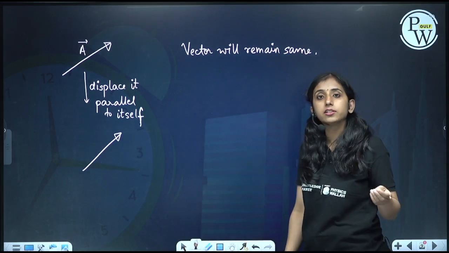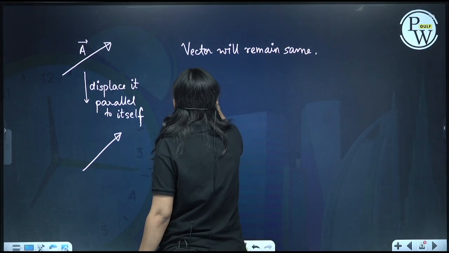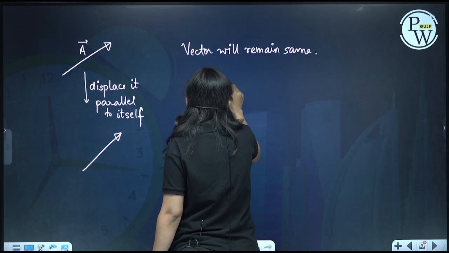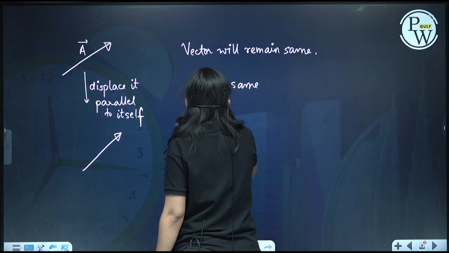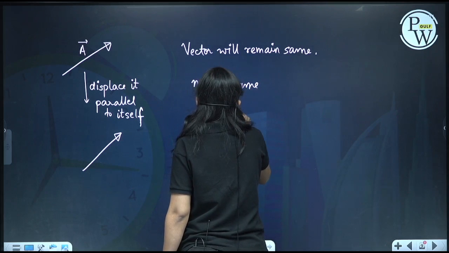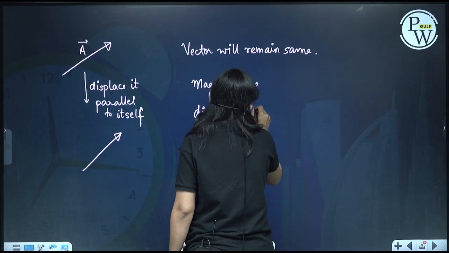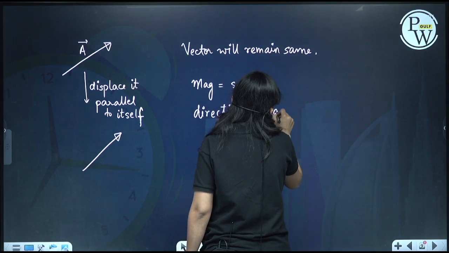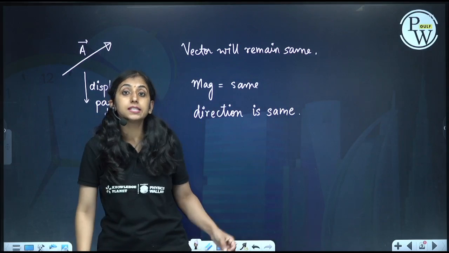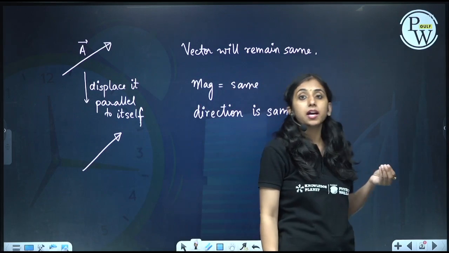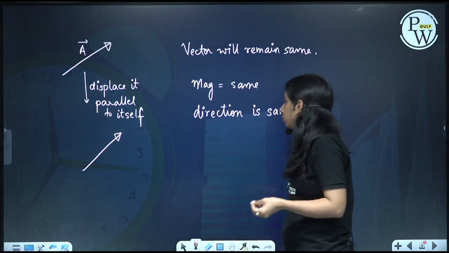Vectors do not change under parallel displacement, because magnitude is the same as well as direction is the same. Same magnitude, same direction, the vector will remain constant.